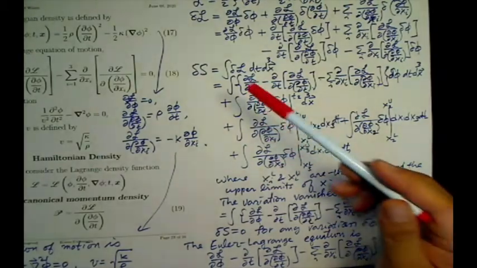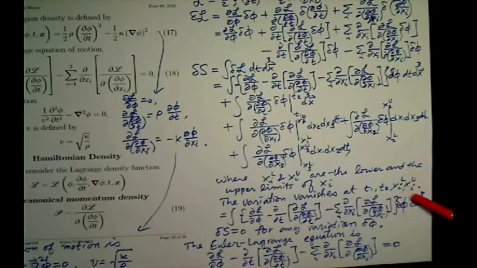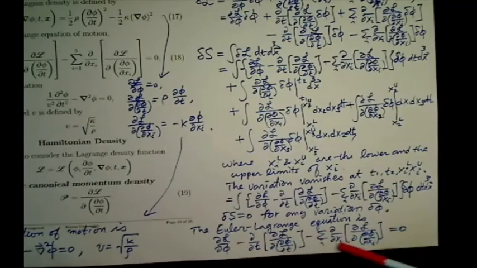And this must vanish for any arbitrary variation delta phi. Therefore, we have an equation of motion. This is the Euler-Lagrange equation of motion for the wave propagating in 3-dimensional space.